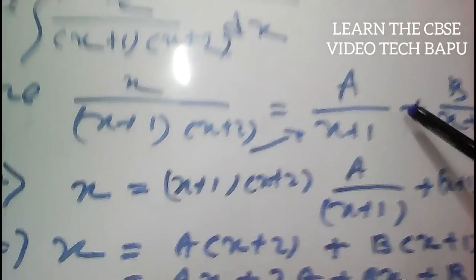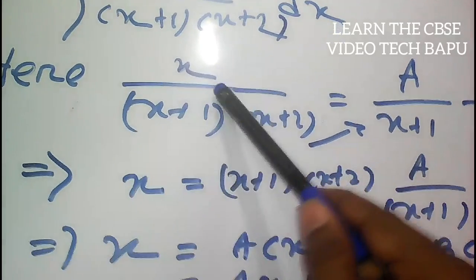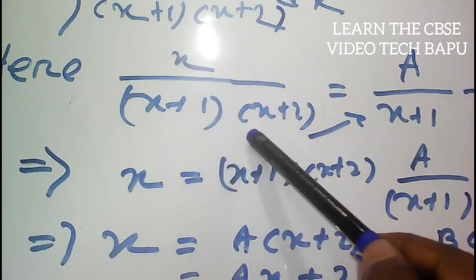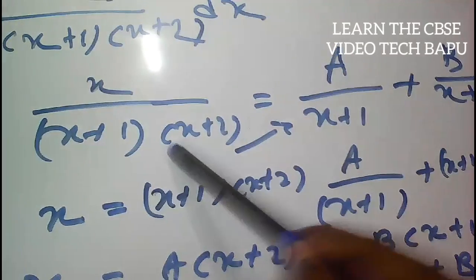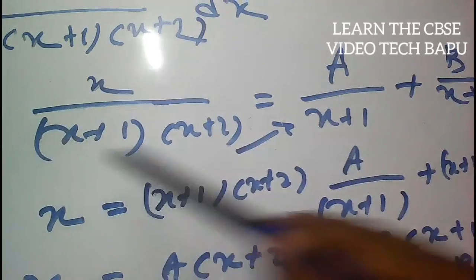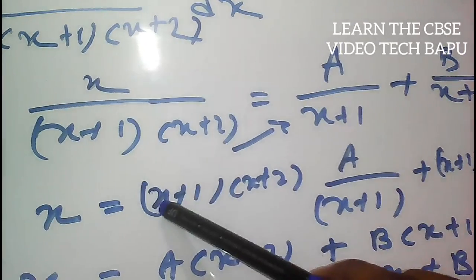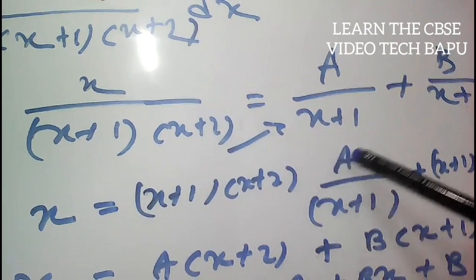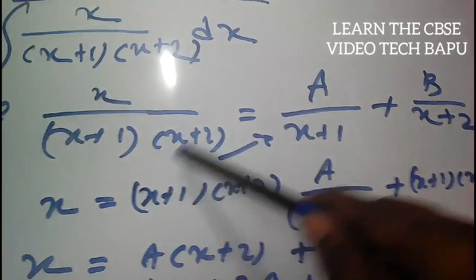As we have discussed earlier, according to that concept, the denominator goes to the other side and is multiplied. Because on this side it is divisible and here it is multiplicable. So (x plus 1)(x plus 2) into a by (x plus 1), and similarly (x plus 1)(x plus 2) into b by (x plus 2).